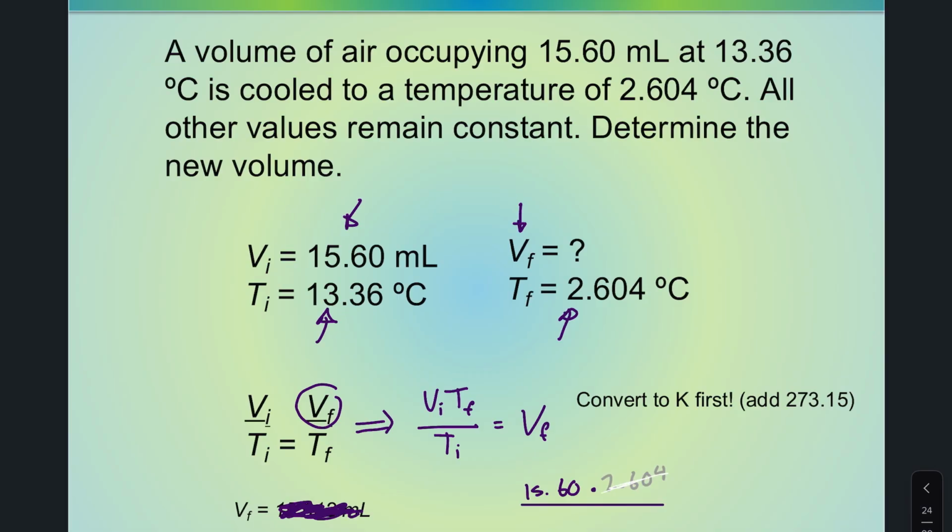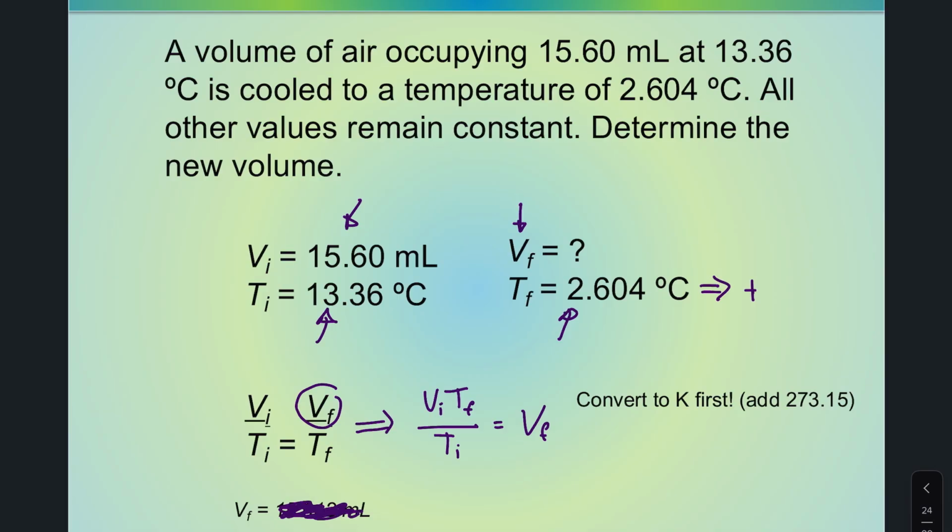Before we continue, I noted on one of the earlier slides that if you have a temperature, then it must be converted to Kelvin before you are able to use it. So that's what we're going to do first. We're going to take this temperature and convert it to Kelvin. Going from Celsius to Kelvin, all we have to do is add 273.15.